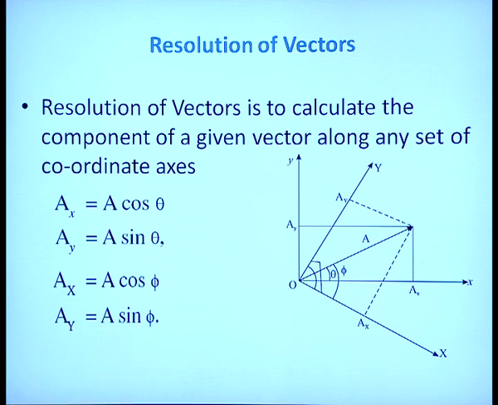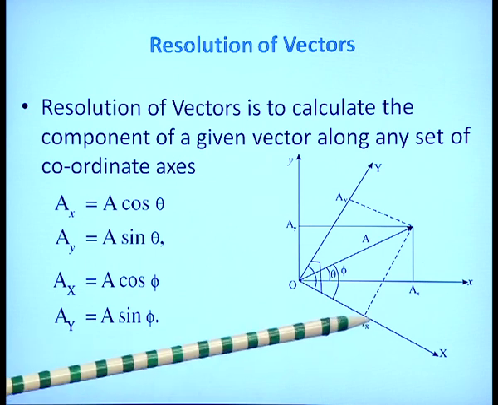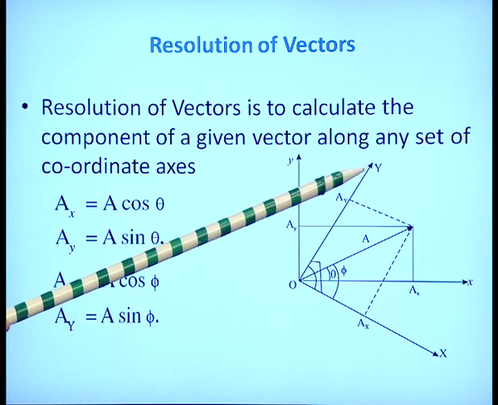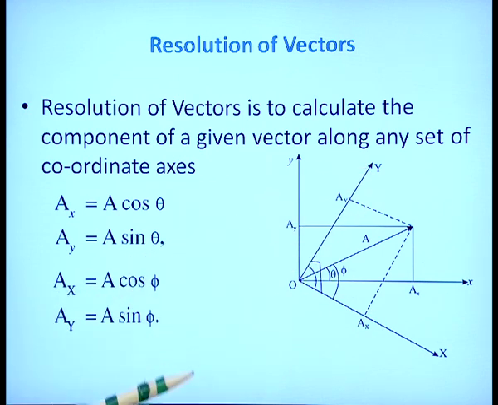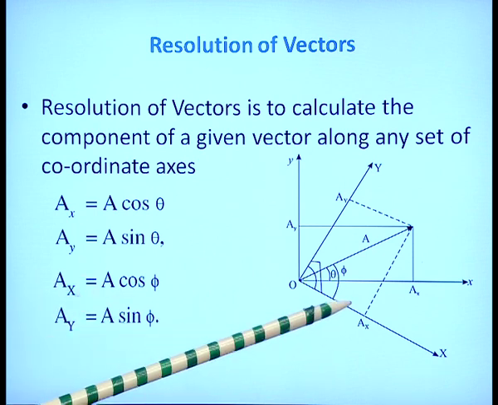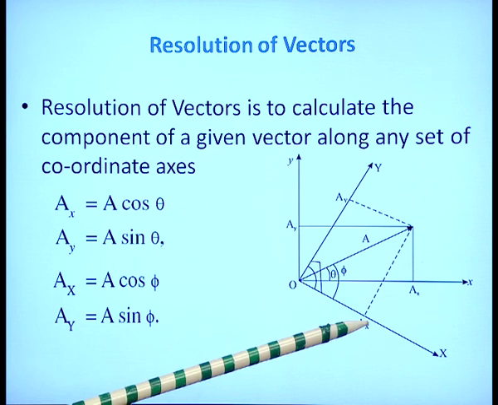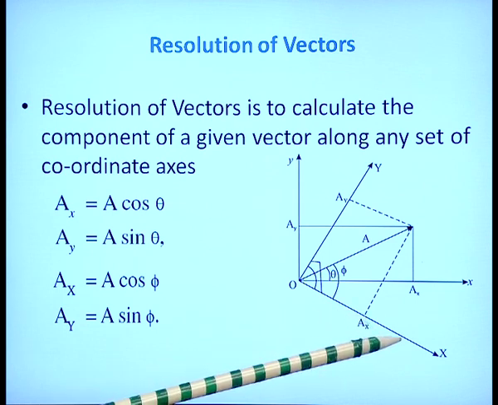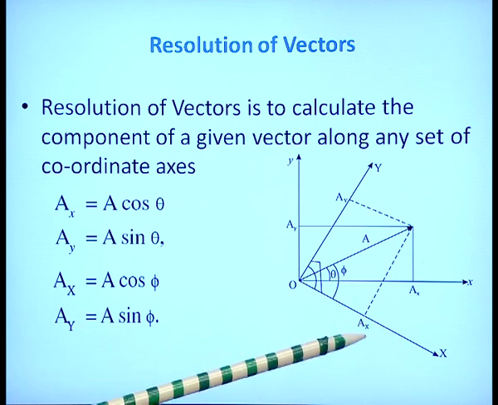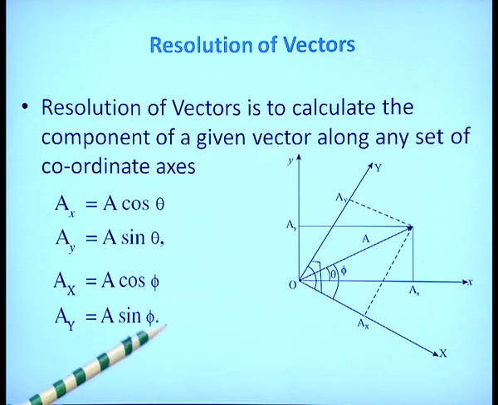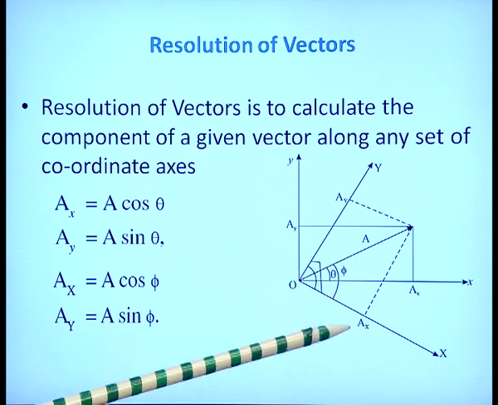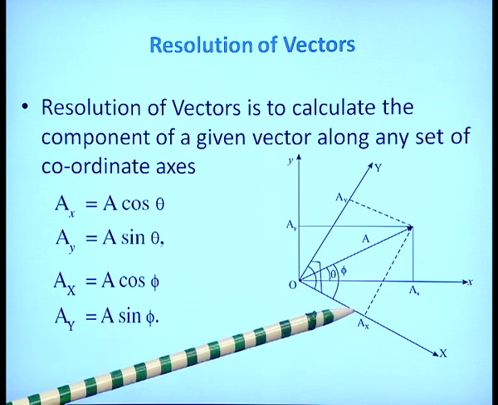If we change the coordinate axis, that is x axis and y axis, then the components will change. So, now Ax, the component of A along this x axis, is equal to A cos phi. What is phi? Phi is the angle between vector A and x axis.